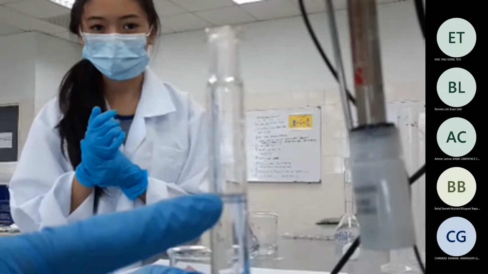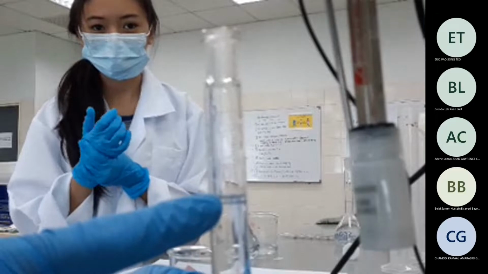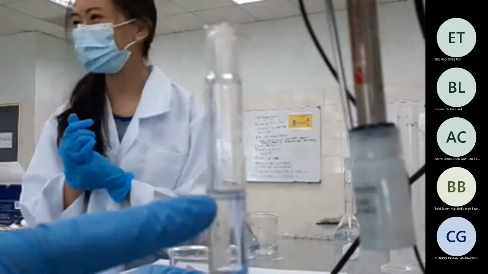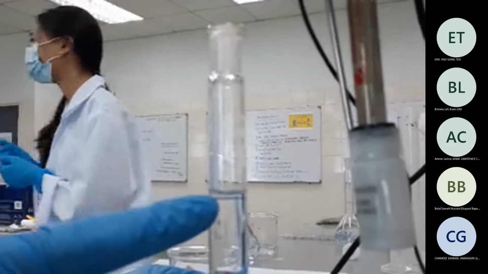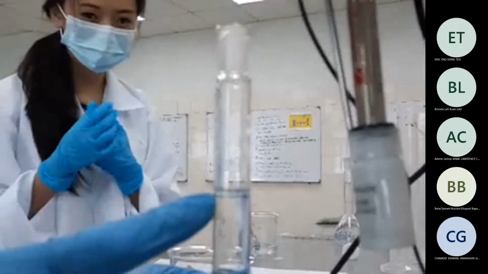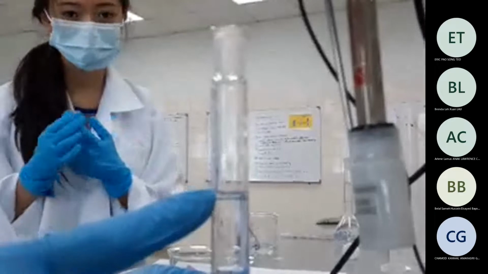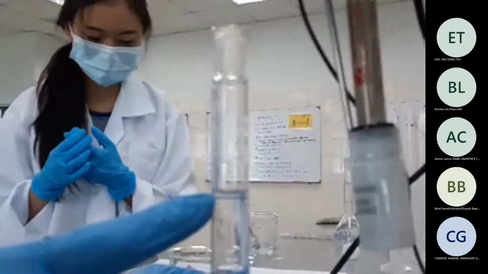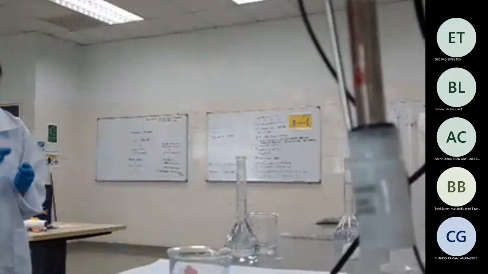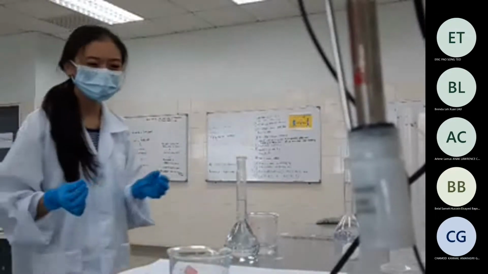She's asking, can we just take it? We can, of course, but the problem is we do not know how many times we have diluted it. Is it 11 times, 10.5 times? Until this mark, we know this is 100. But here, we do not know if it is 101, 102, 103, 105 milliliters. So unfortunately, we have to do it again.